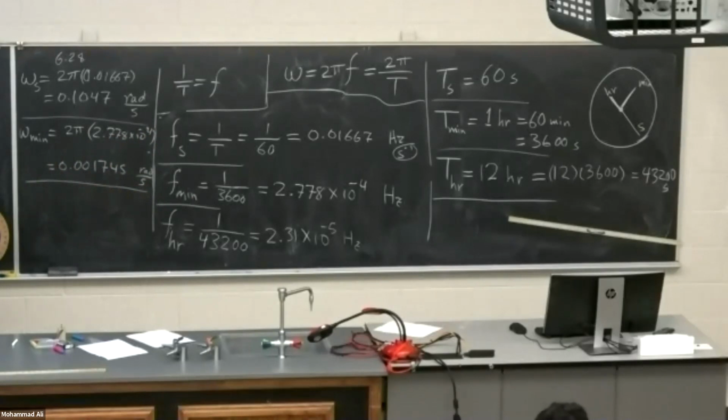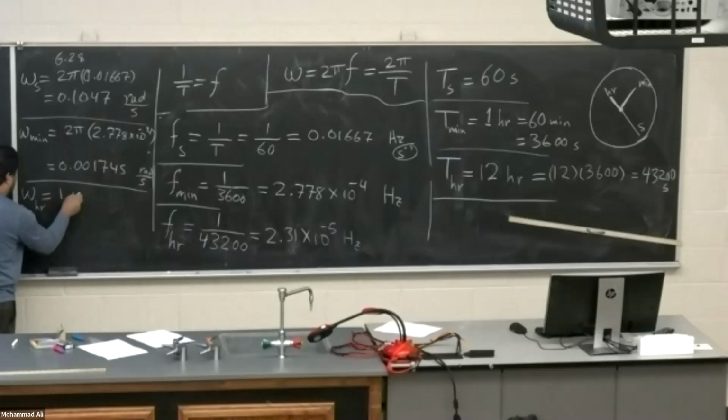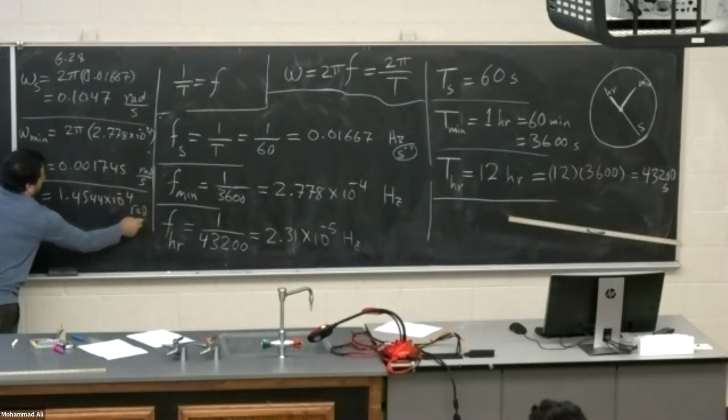It's a small velocity. What about the angular velocity of the hour arm? Again, it is 1.4544 multiplied by 10 to minus 4 radian per second.